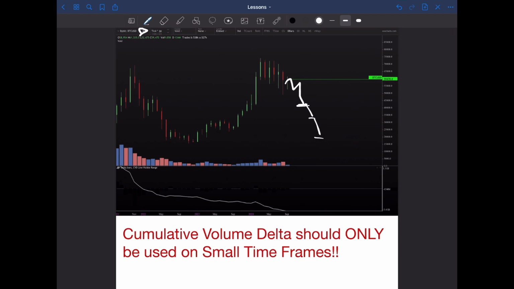If you're an investor, and you're investing for decades, or for years, yes, these are good buy spots, because it shows that the cumulative volume delta is going down.